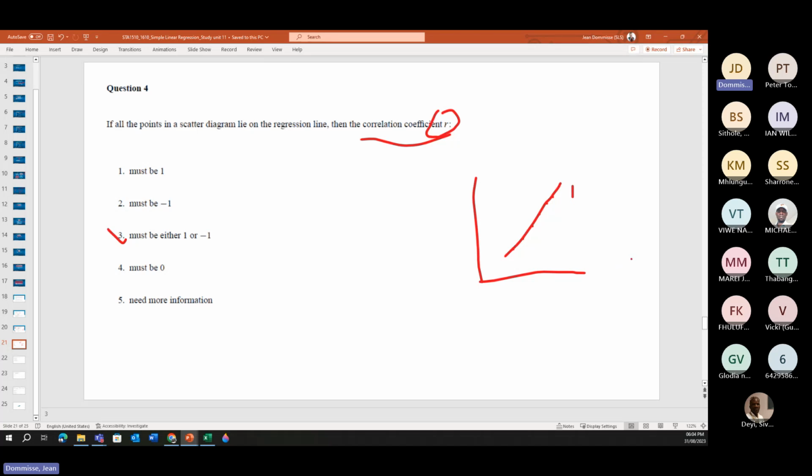But remember, there's also a line that has a negative slope. If that is perfect, that relationship will be -1. So that is why it is either 1 or -1, because they didn't tell us in which way the line goes.